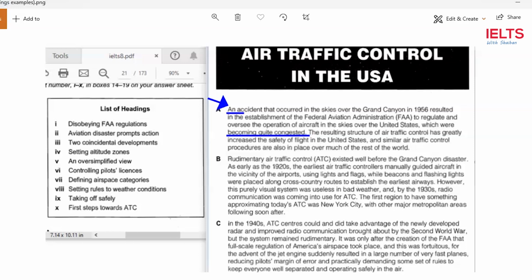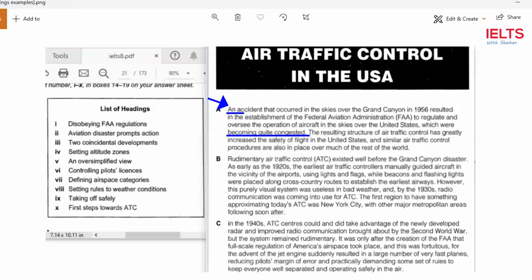An accident that occurred in the skies over the Grand Canyon in 1956 resulted in the establishment of the Federal Aviation Administration, FAA, to regulate and oversee the operation of aircraft in the skies over the United States, which were becoming quiet, congested.